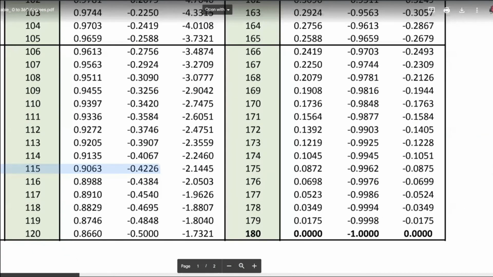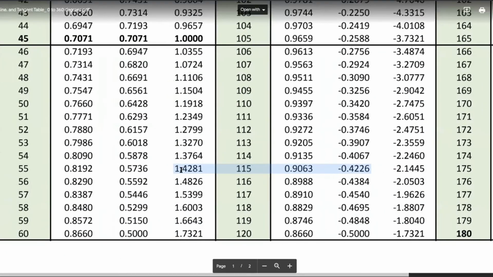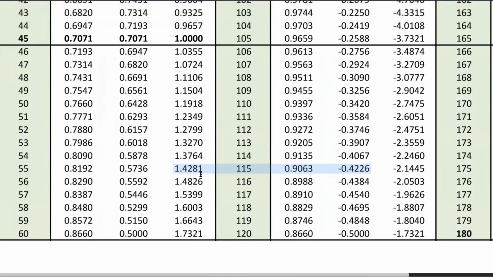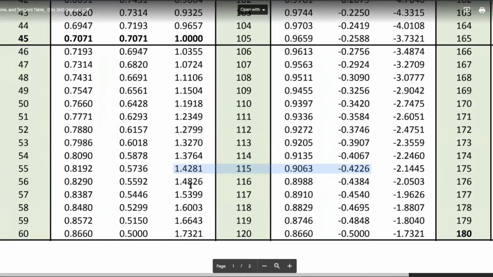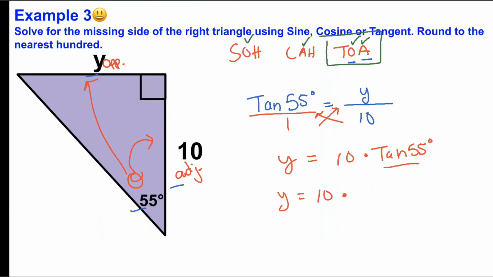There you go. So it's 1.4281. Y equals, multiply it by 10.